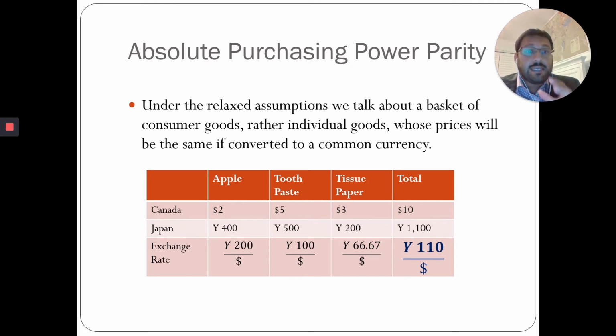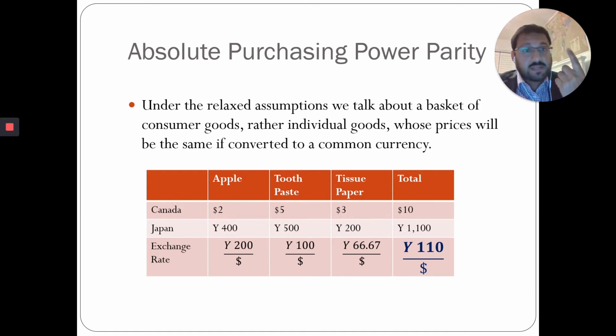But at least the overall basket of consumer goods, which in this case is apple, toothpaste, tissue paper, will be priced the same once we convert the price of the basket into a common currency.